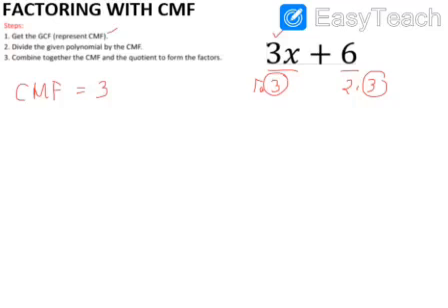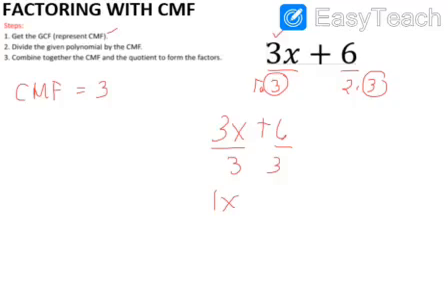Let's proceed with the second step, and that is to divide the polynomial with the CMF. So just copy the given 3x plus 6 and divide it by our CMF, which is 3. So let's divide. 3 divided by 3 is 1. Then since it consists of variable x, just copy the variable x.